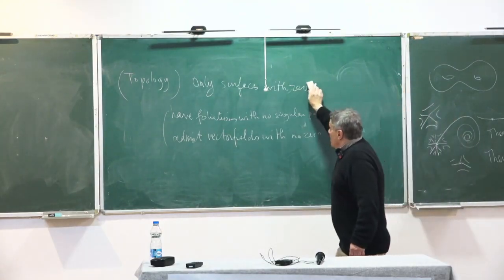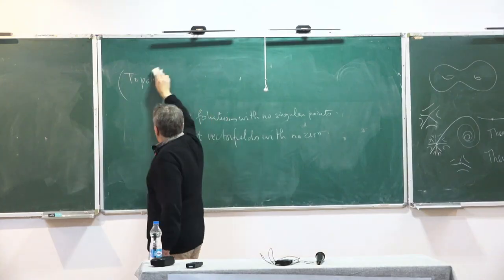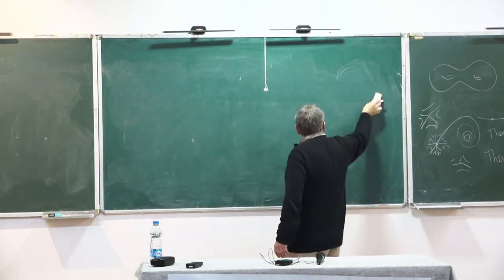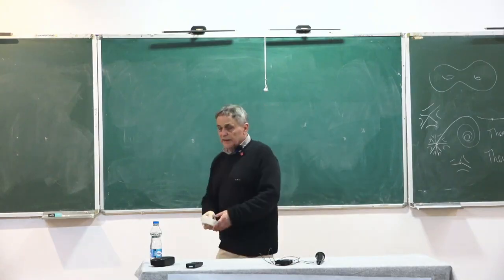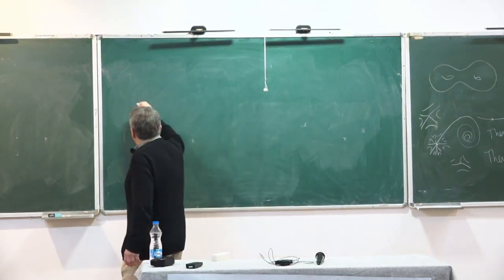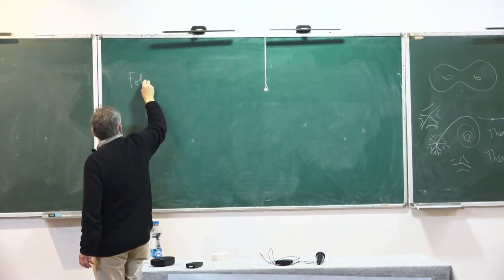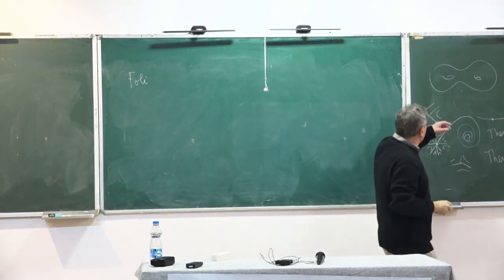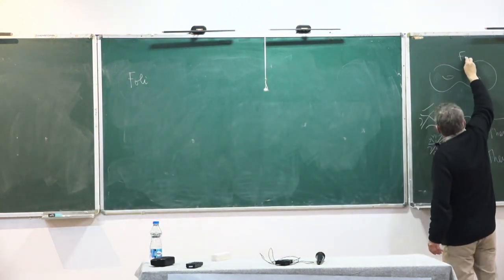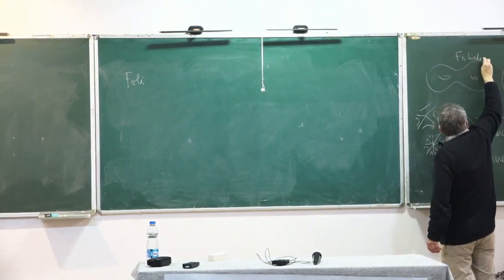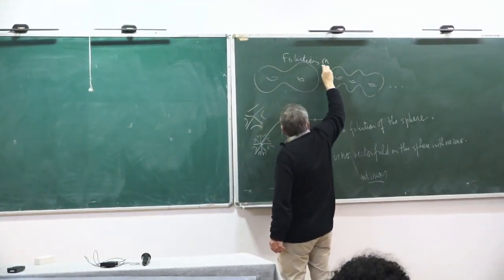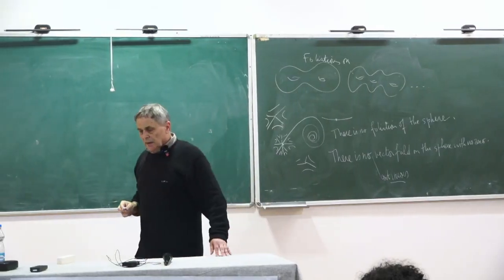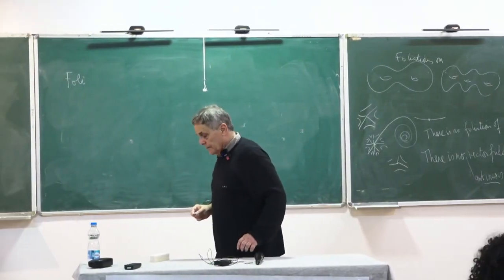Okay, so now in this Thurston theory we want to study foliations. I wrote it there, in fact, foliations on this kind of surfaces.